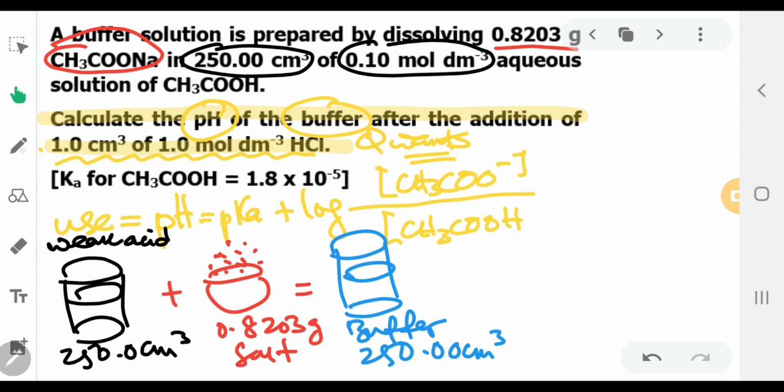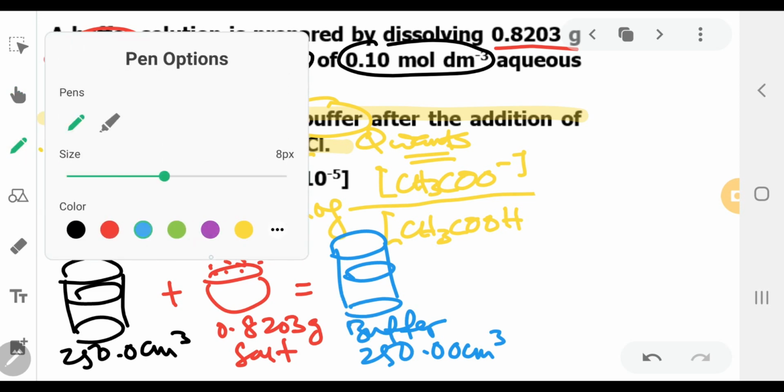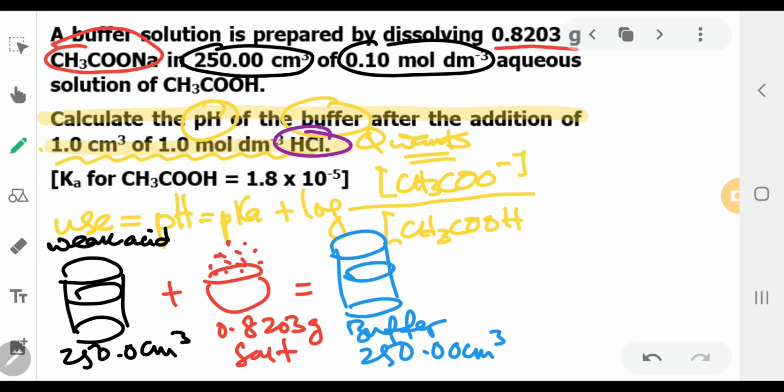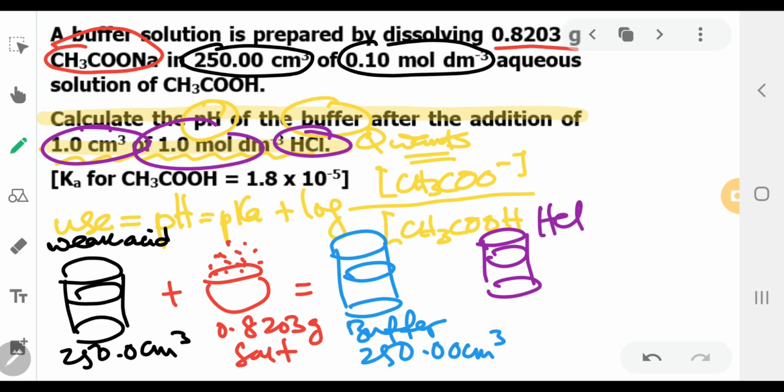Now the situation is that we have the addition of HCl this much. We're going to take some HCl, about 1.0 cm³, just a little bit of HCl with the molarity of 1 mol per dm³.